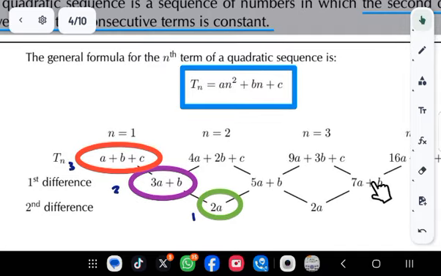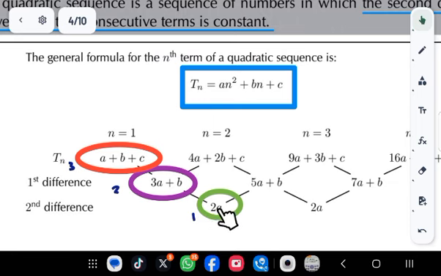Now, the first level of differences forms what we call an arithmetic sequence, with the constant difference being the second level of differences, which is your constant 2a at the end.